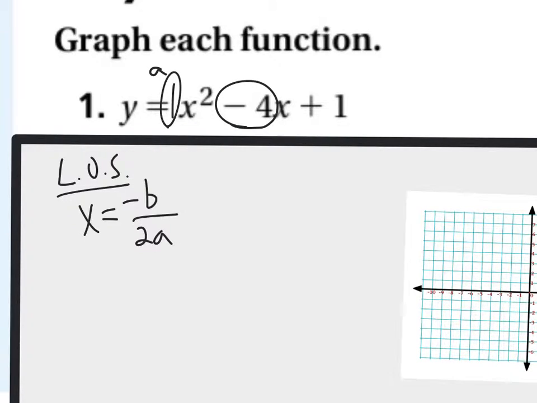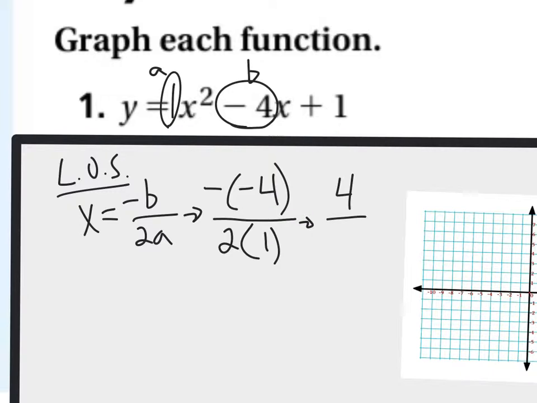So we look at this to start out with. A is 1, b is negative 4, so we're just going to substitute in. Be careful on this one, because b is negative 4, so we're doing negative b, so negative of negative 4. Opposite of negative 4 would be 4. 2 times 1 is 2. 4 divided by 2 is 2.